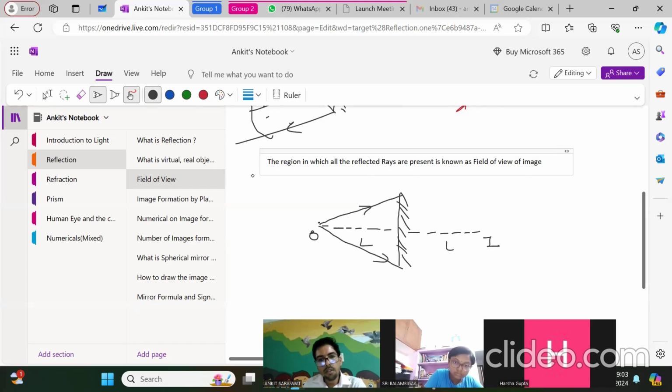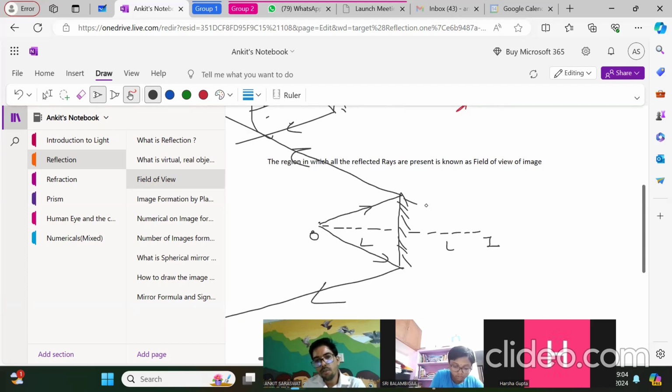Can you see, this is reflected ray. When you bring it back, it will form a virtual image. Can you see, like, a field of view? Field of view is continuously increasing. Here, field of view is this much.